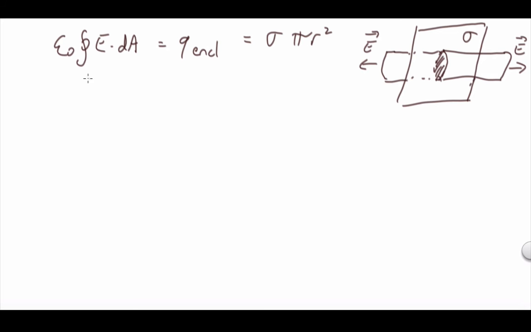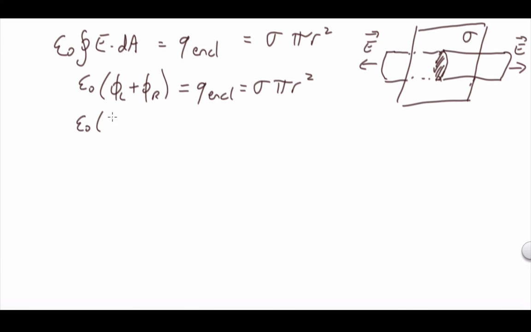So continuing on now, we have epsilon naught times the only parts of the surface that had flux through them, and that equals sigma pi r squared. So we've got epsilon naught times E pi r squared plus E pi r squared for the other end, and that is sigma pi r squared.